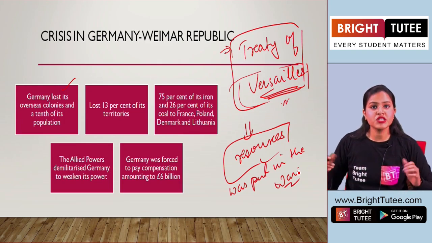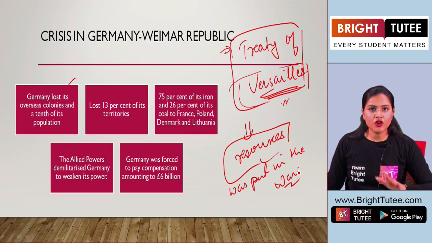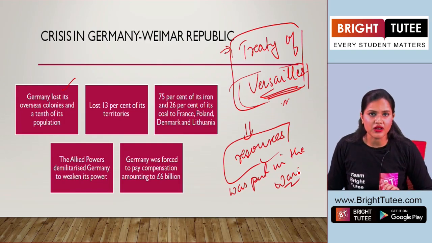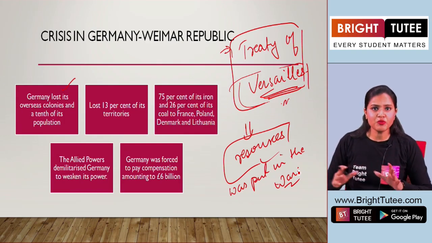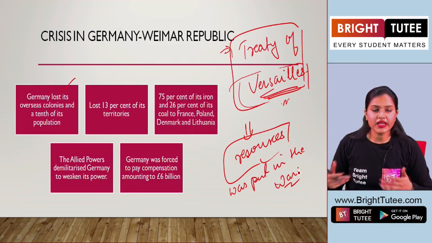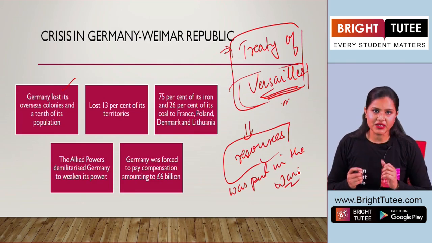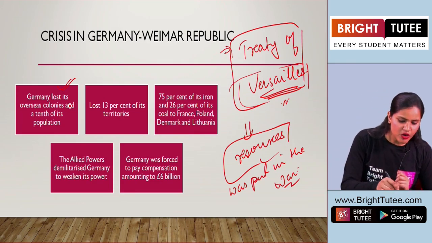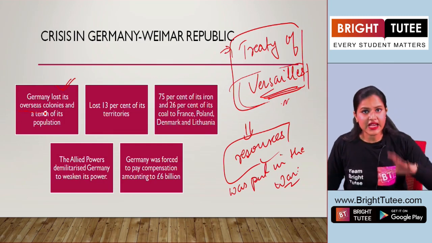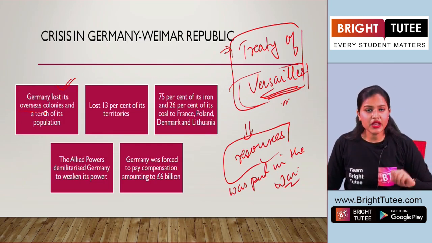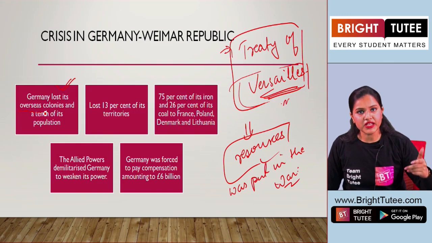A lot of resources were drained from Europe during the First World War. So somehow they had to put in the money in order to revive the economy in Europe. So Germany had to face the brunt of it. Why? Because Germany lost its overseas colonies that it had established everywhere and a tenth of its population.